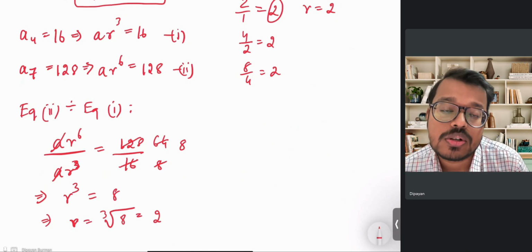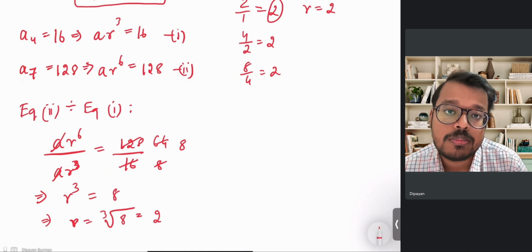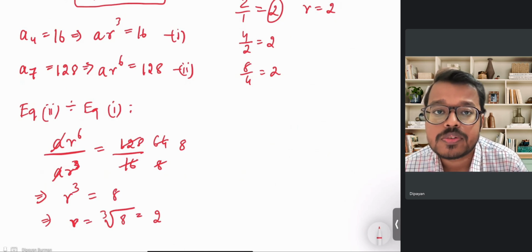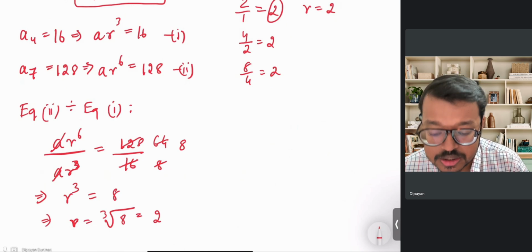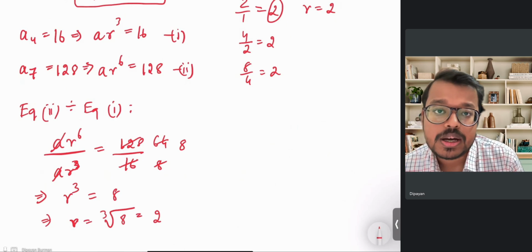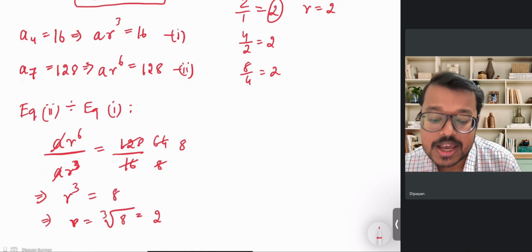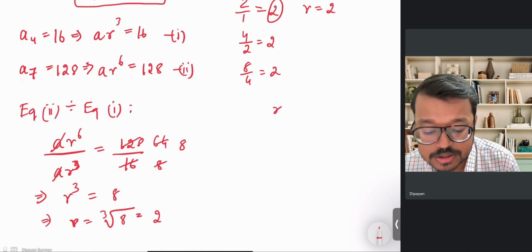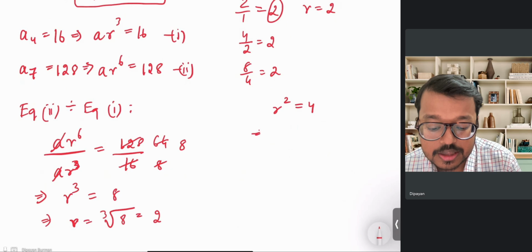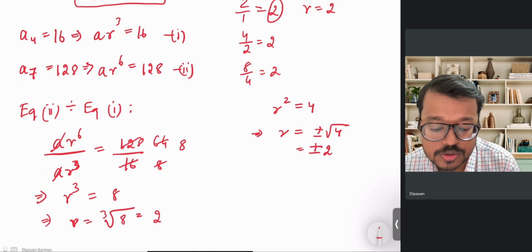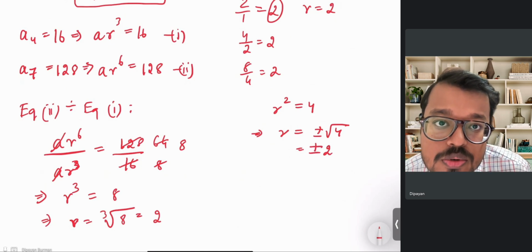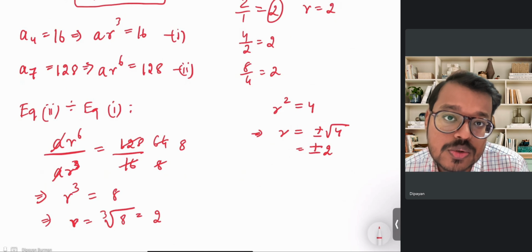Now we should also know that common ratio can be any number. It can be positive, it can be negative. We are not considering 0 here. But suppose if I had an equation like R square equals 4, then the possible values of R will be plus minus root 4, that is plus or minus 2, because plus 2 square is 4, minus 2 square is also 4.